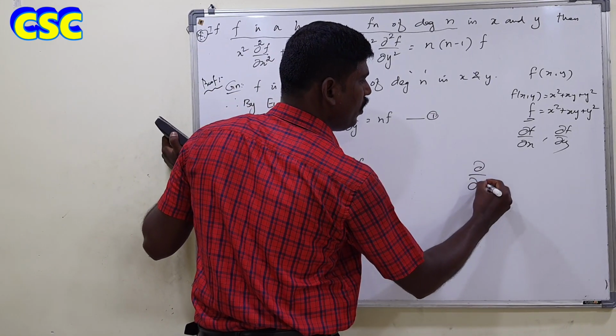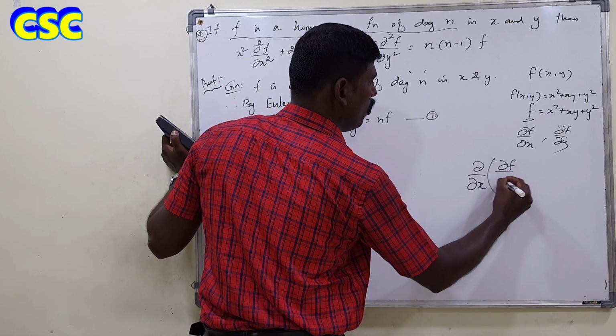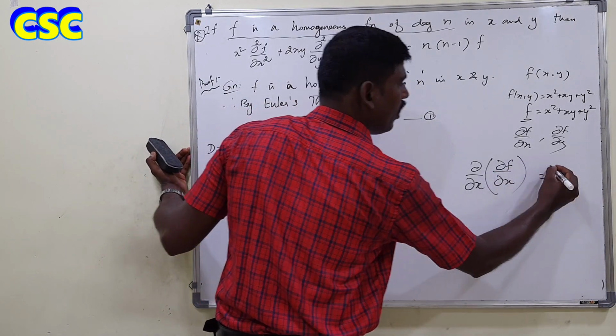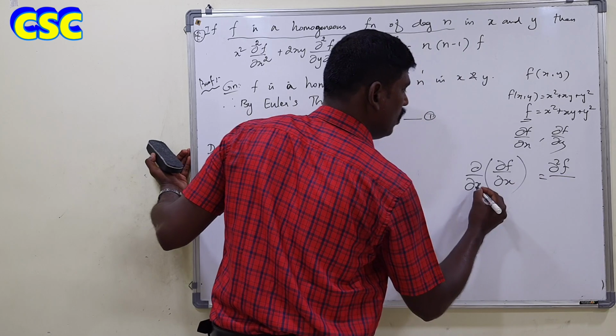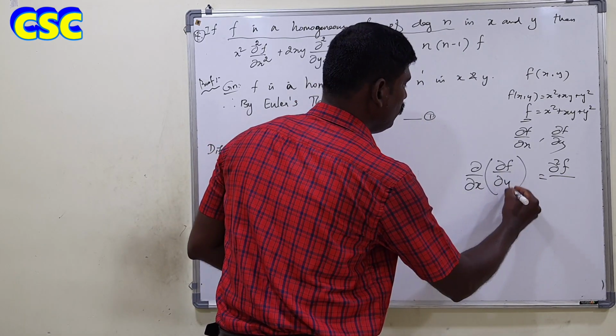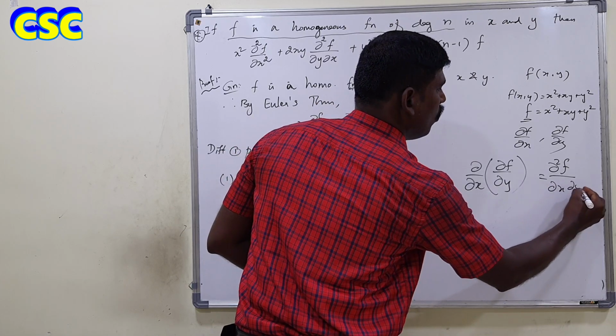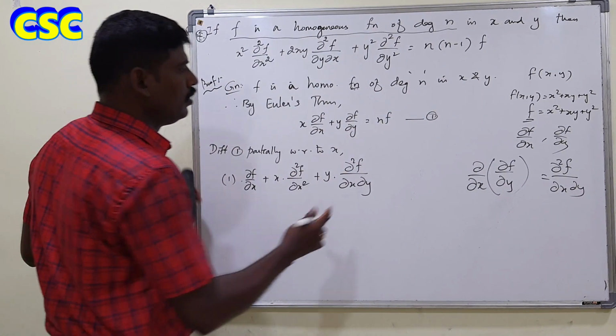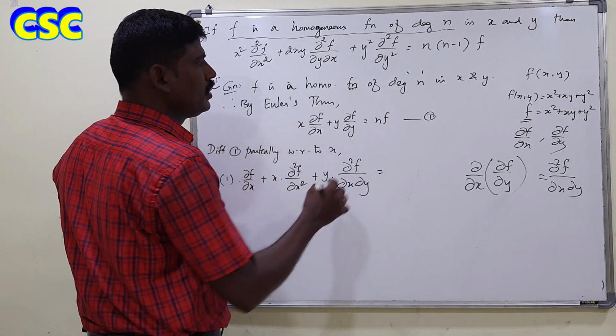Taking the partial derivative of dou f by dou x with respect to x once again, that is equal to dou square f by dou x dou y. That's why I write it here.